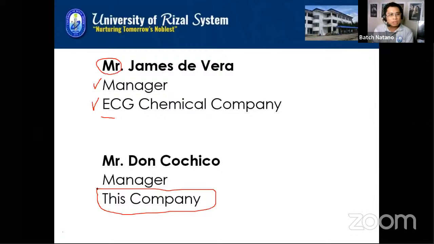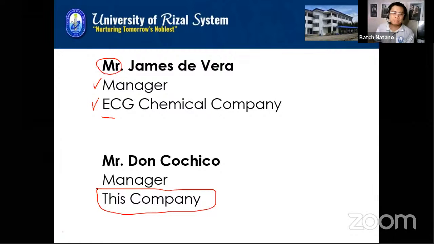So instead of writing Professor Maria Merly A. Facultad, Dean, College of Business Administration, University of Rizal System Antipolo Campus, instead of writing that kind of format, what I will be doing is I will just write Professor Maria Merly A. Facultad, Dean, College of Business Administration, this university.